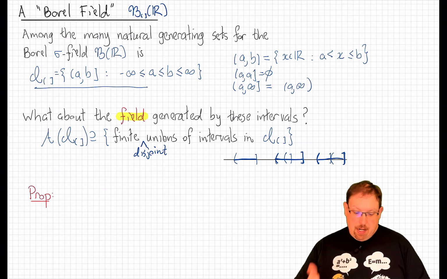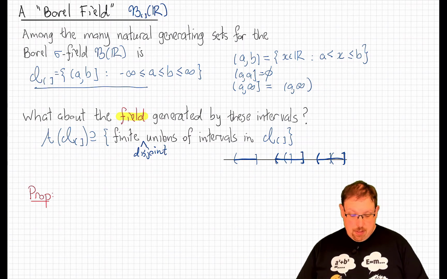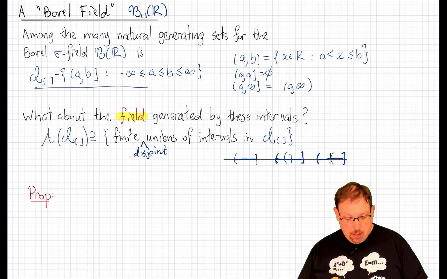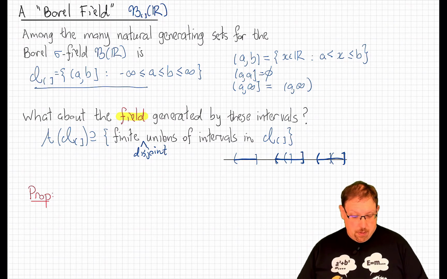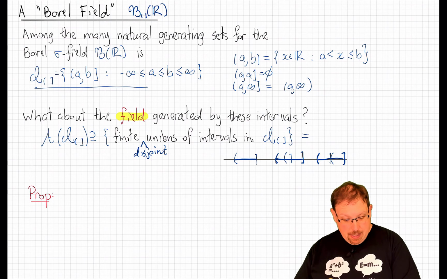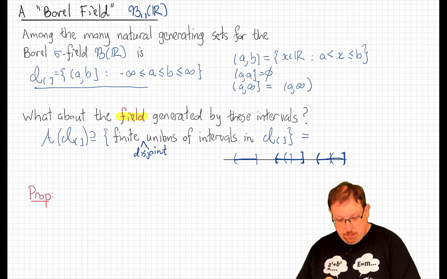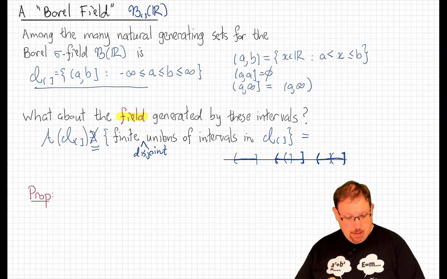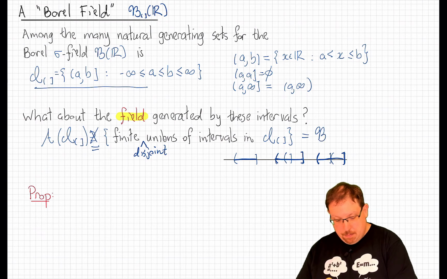So any finite union of intervals of this form is actually a disjoint finite union of those intervals. Great. That collection of all finite disjoint unions of half-open intervals is clearly contained in this field. But guess what? In fact, it is equal. Now let's give it a name.